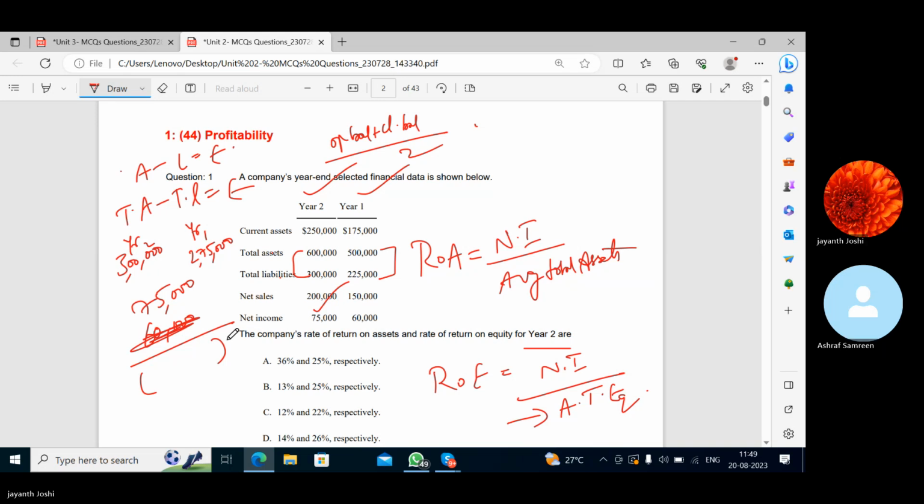15.3. 75,000 divided by 3 lakhs plus 2,75,000 divided by 2.